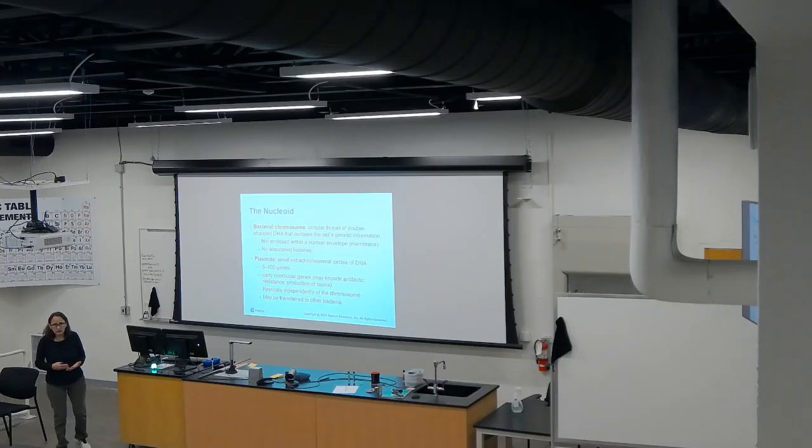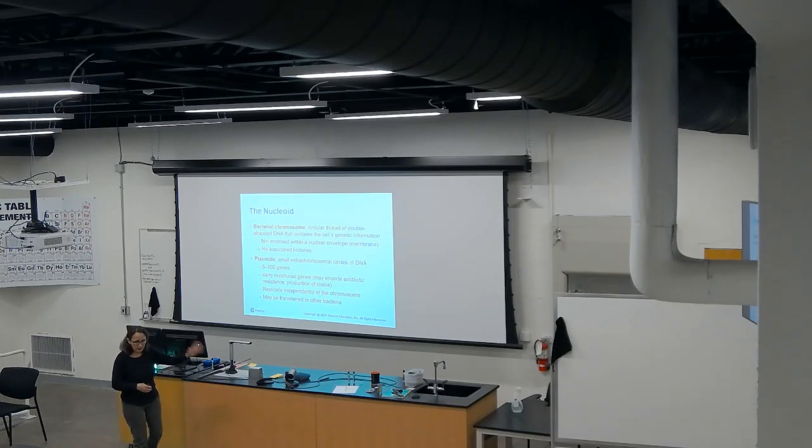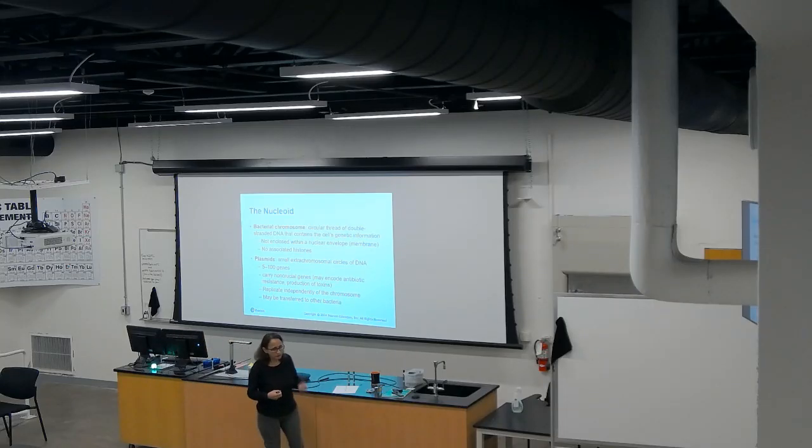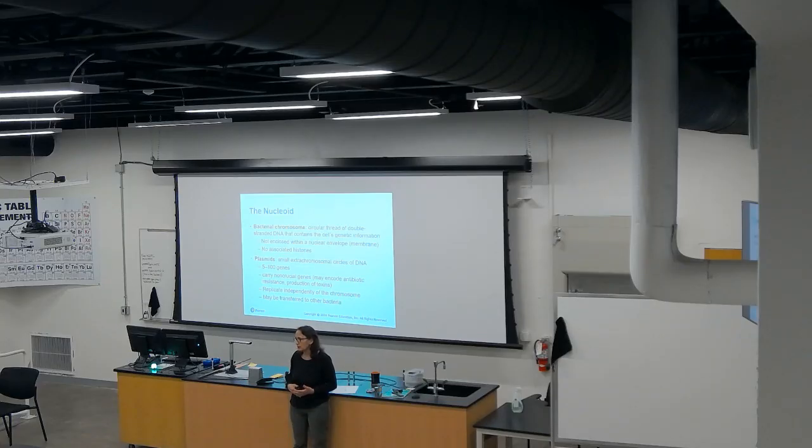Now, prokaryotes don't have a nuclear membrane, and there is one exception. We will see that in a couple of chapters. But basically, most of them don't have DNA enclosed by a nuclear membrane. The space in the cytoplasm where this DNA is located is called the nucleoid.